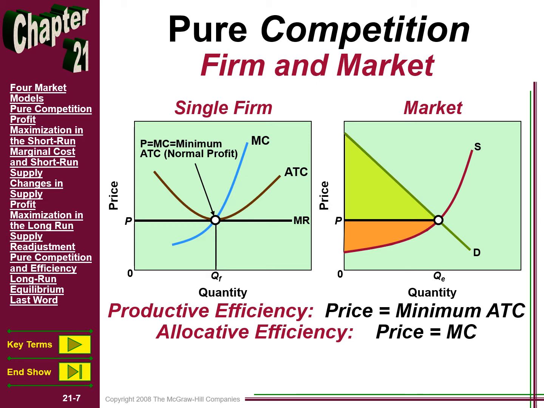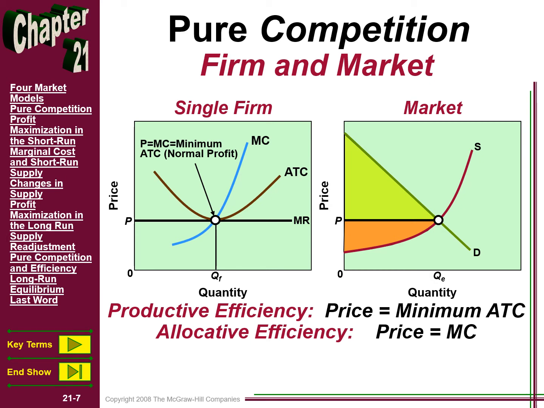So, should this firm produce? Well, remember, whether we're evaluating pure competition, monopoly, monopolistic competition, or oligopoly, a firm should produce in the short run as long as it is going to make an economic profit or suffer a loss less than its fixed cost. So we're going to assume that this firm should produce. Well, what level of output should they produce?